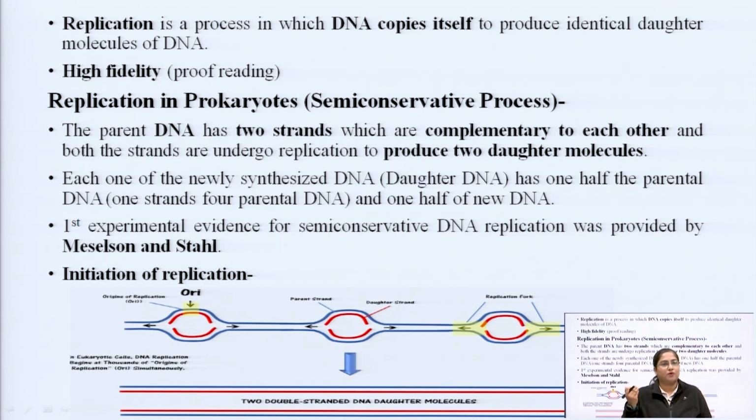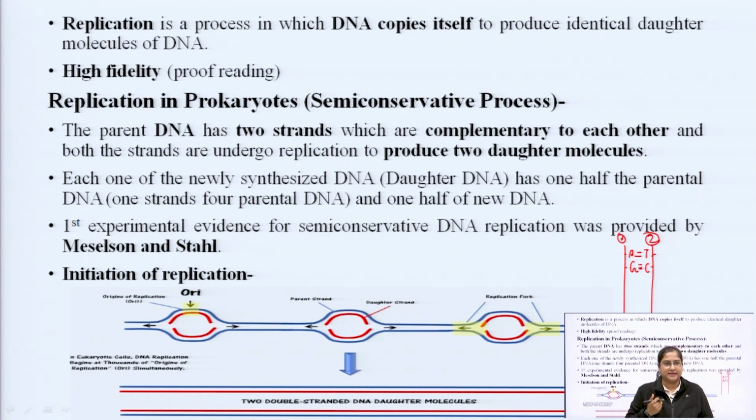What do you mean by complementary? Complementary means, these are the two strands of DNA. If the first strand has A, the second strand will have T; if the first strand has G, the second strand will have C, and so on.